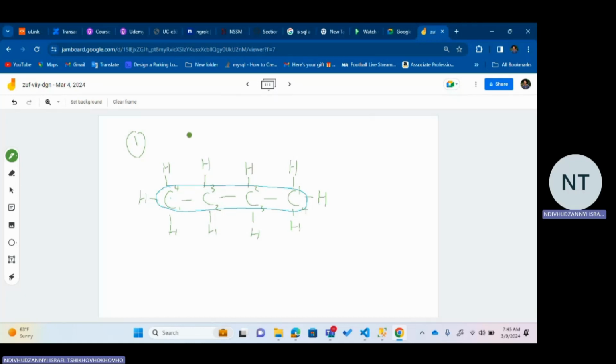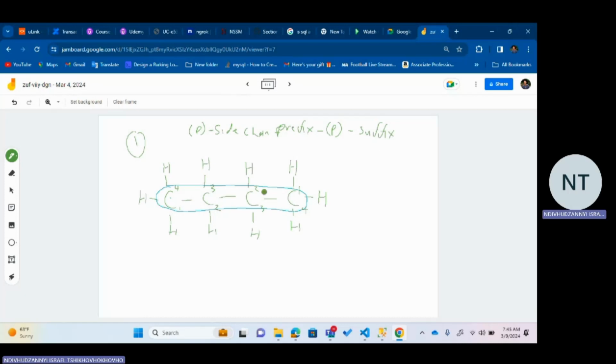So I said our naming should follow this order: position, side chain, then prefix, then position, then suffix.